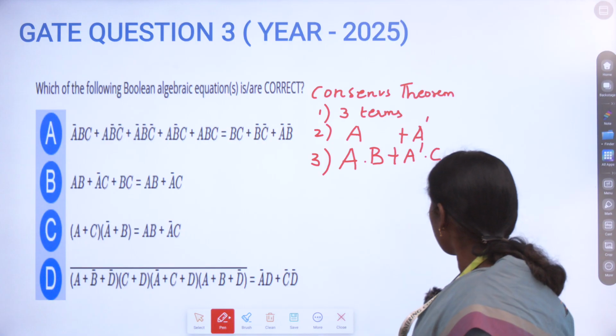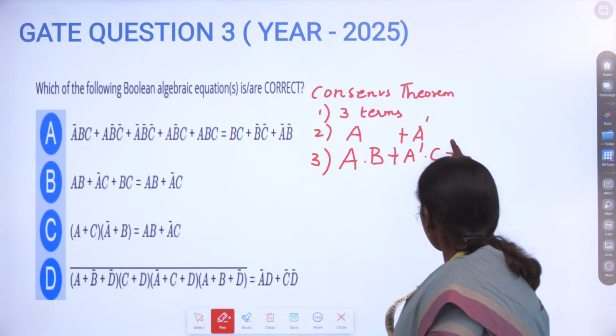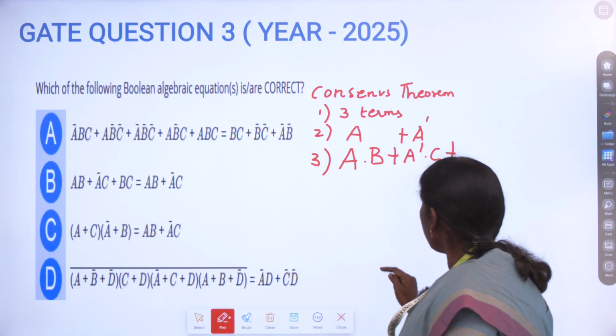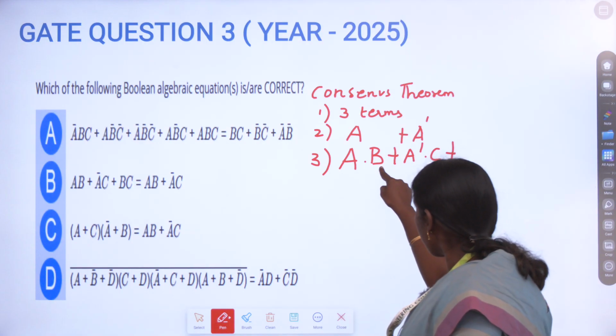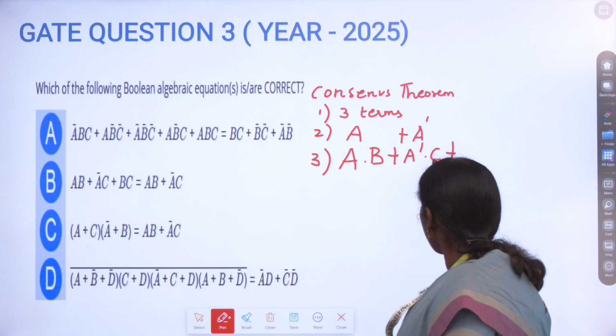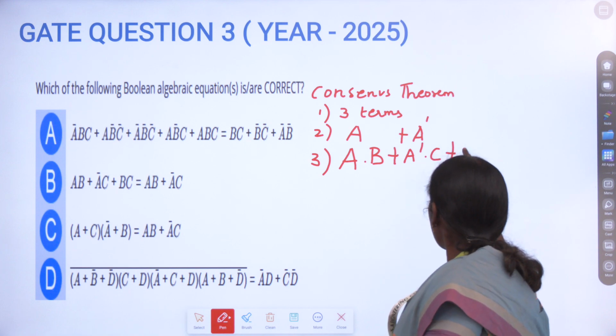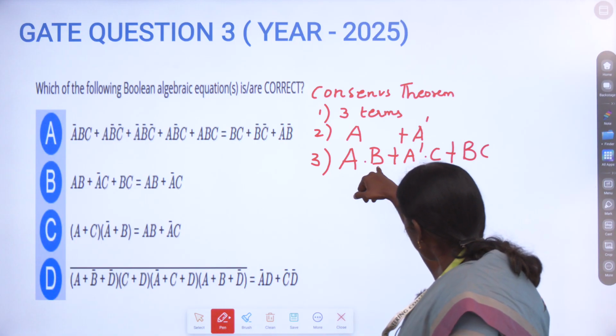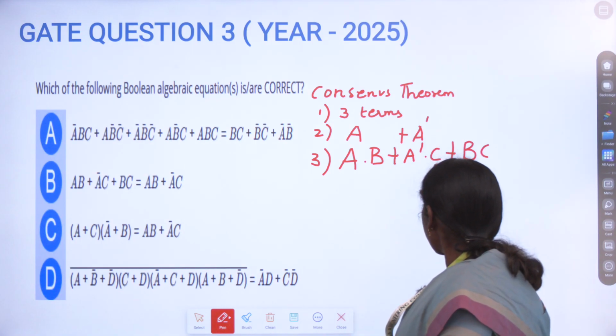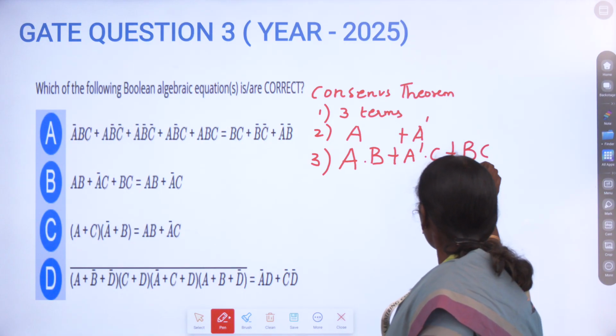While I take this, what will my third term be? The product of the second variable of the first term and the second variable of the second term, that is BC. B is the second variable in the first term and C is the second variable in the second term, and their product will be the third term.